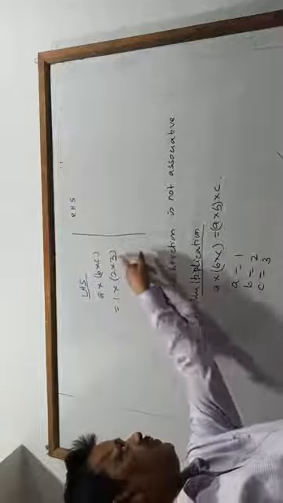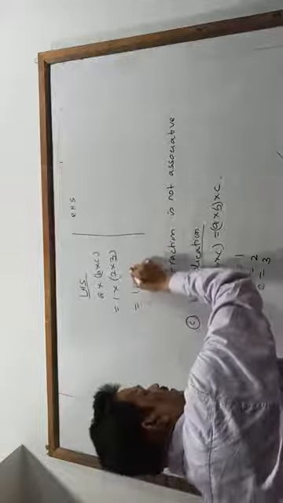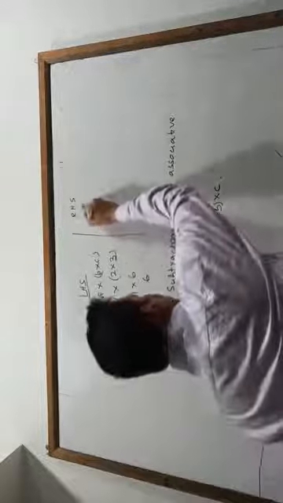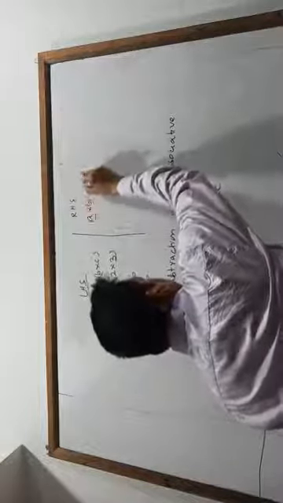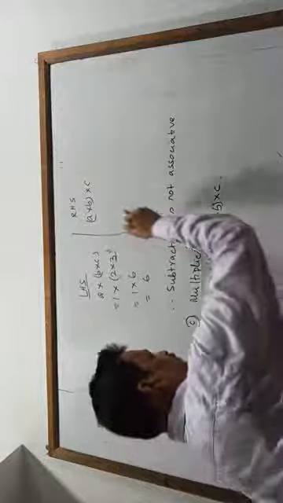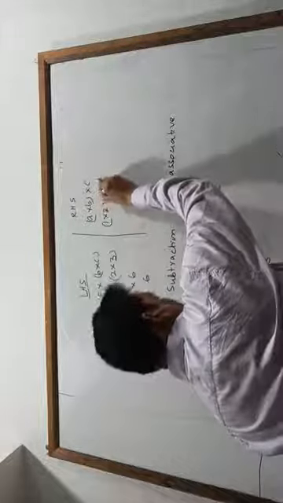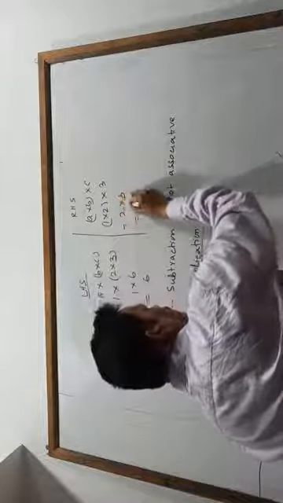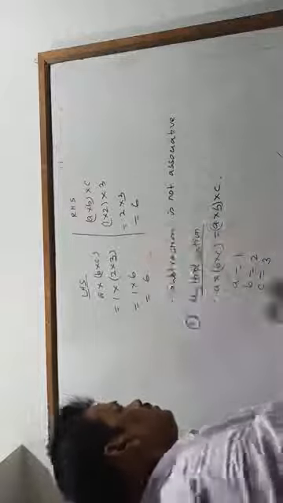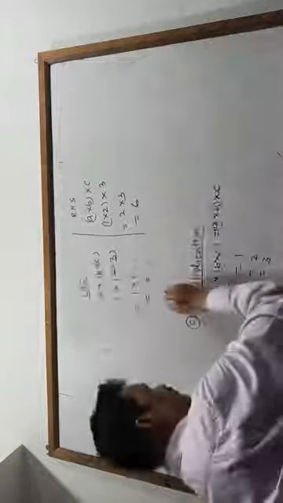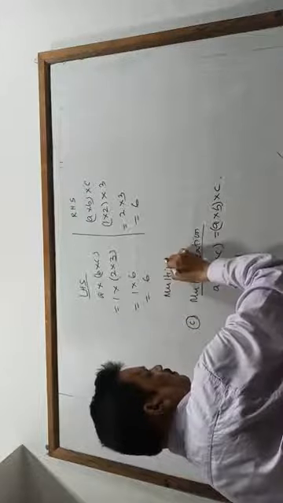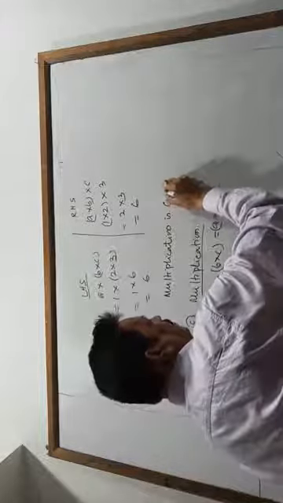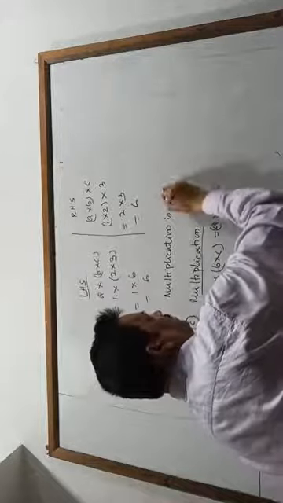First you have to multiply these two. 1 into 6 is 6. Go to right hand side: A into B into C, that means 1 into 2 into 3. 1 into 2 is 2, into 3 is 6. Equal. So multiplication is associative.